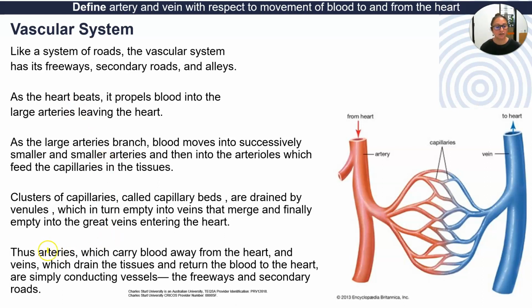Okay, so when we look at arteries, arteries carry blood away from the heart and to the body tissues, and veins do the opposite. Veins drain the blood from the tissues and return the blood back to the heart. So here we go, the artery and the vein. From the heart to the heart.